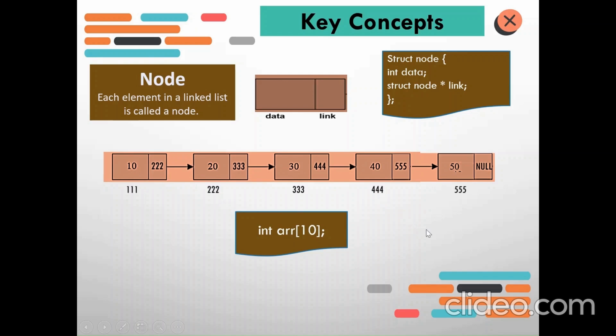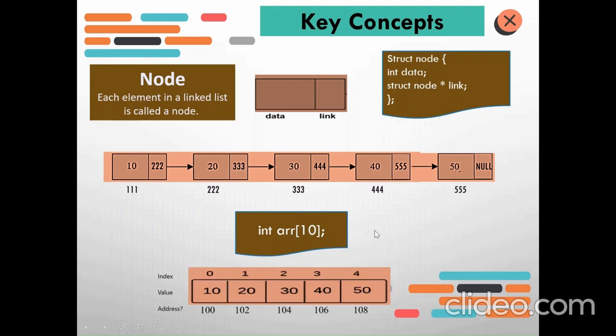So let us compare this to, say, the concept of the array. I have here declared an array of the type of integer, and supposedly I would be restricting my discussions to 10 elements only. You can have a bigger array also.